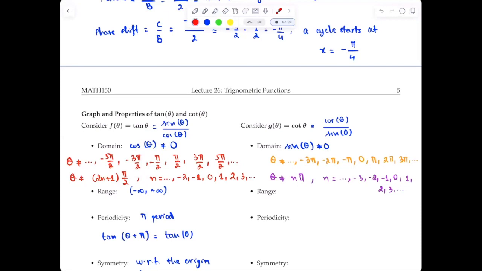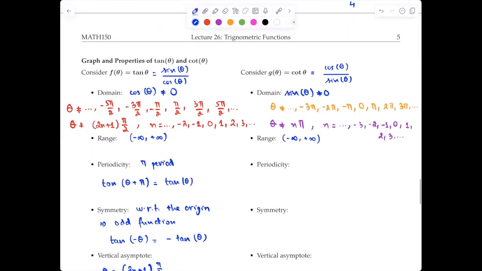Okay. Now, when you look at the graph of the cotangent function, you can also see that there's no restriction on the range. So the range is also from negative infinity to positive infinity. And this also has period pi.